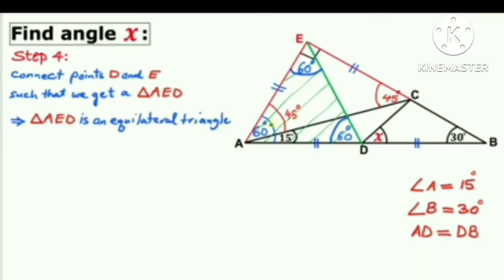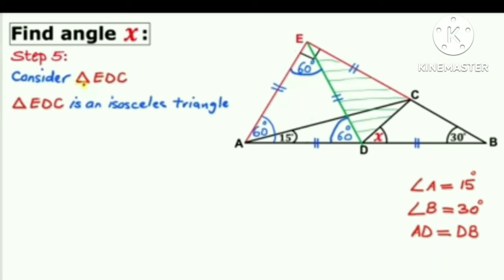So therefore, this triangle has come out to be an equilateral triangle since all these three angles are 60 degrees. So that means this side is going to be equal to this side as well.